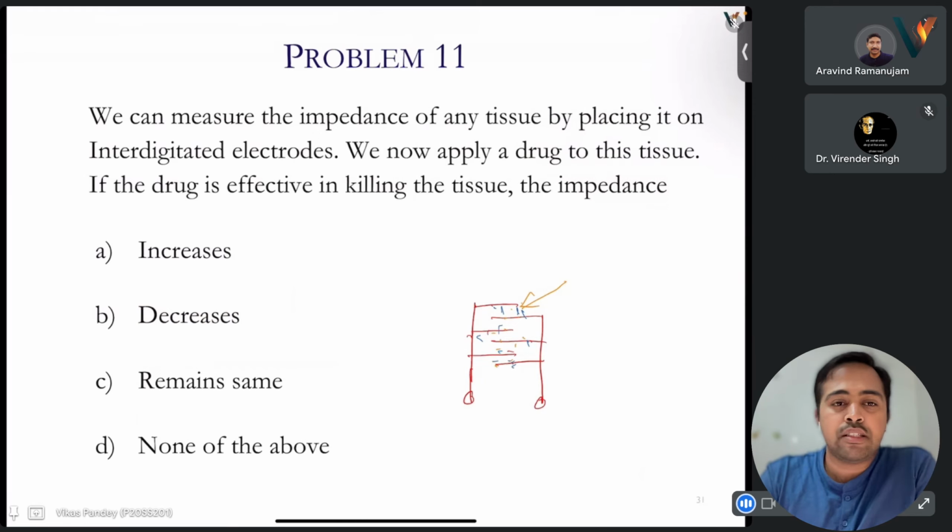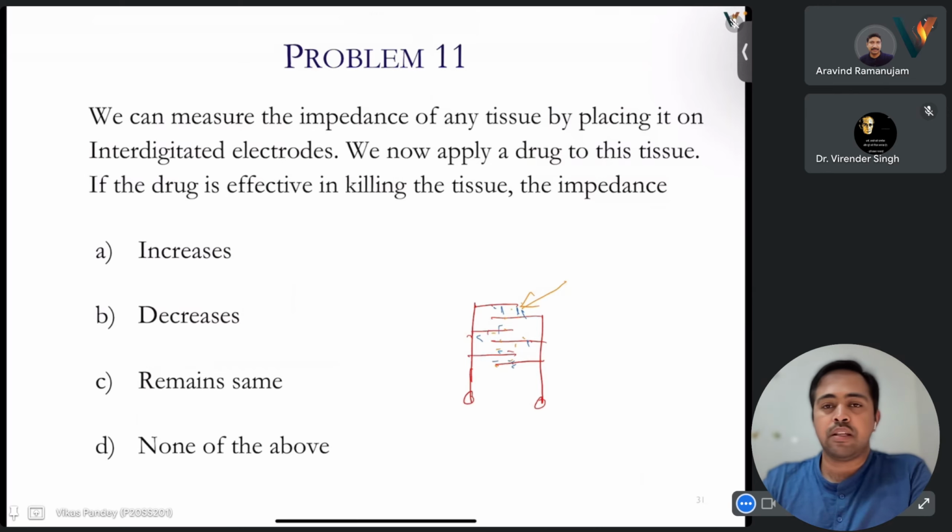Will it increase, decrease, or remain the same? Any answers? It is very similar to the previous question.